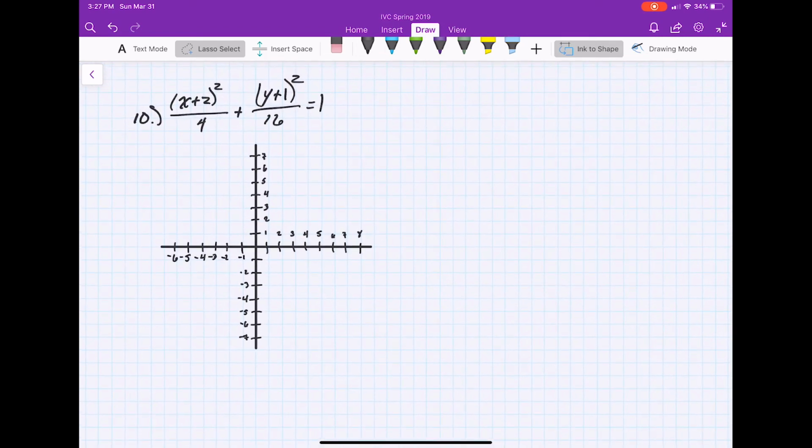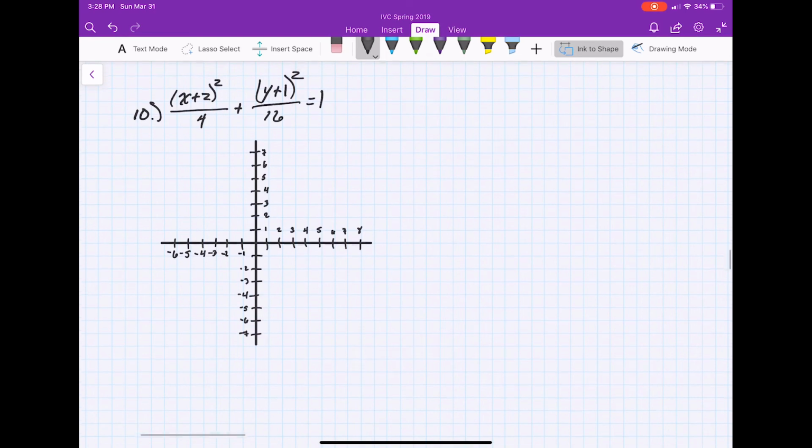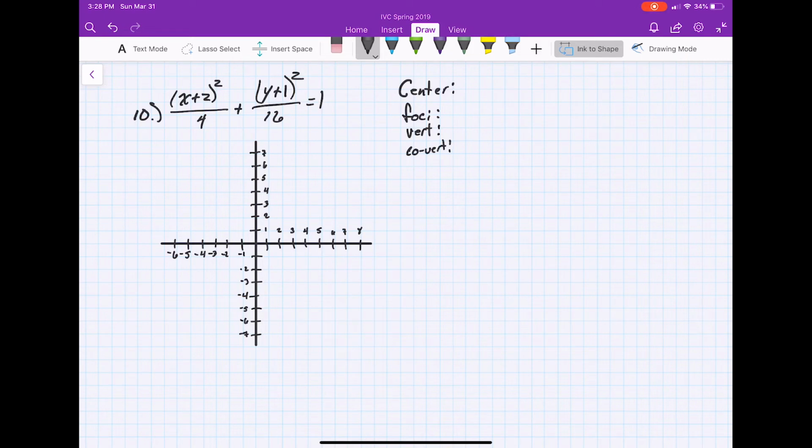All right, so number 10. They actually just give us the formula all set out for us. We don't have to do any crazy moving things around and all that kind of stuff. So these are the 4 things we need to find so we can graph this.